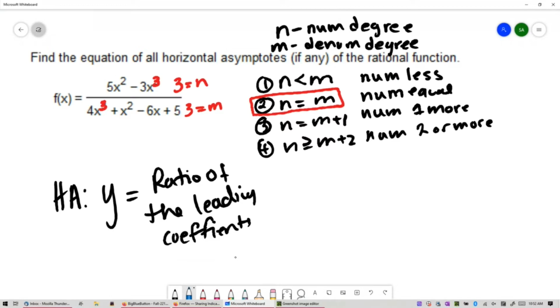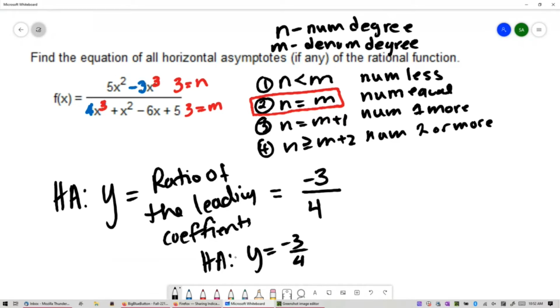So we have -3 being the leading coefficient from the numerator, and 4 being the leading coefficient from the denominator. The ratio means fraction, so we have -3 from the numerator and 4 from the denominator. So our horizontal asymptote is y equals -3/4.